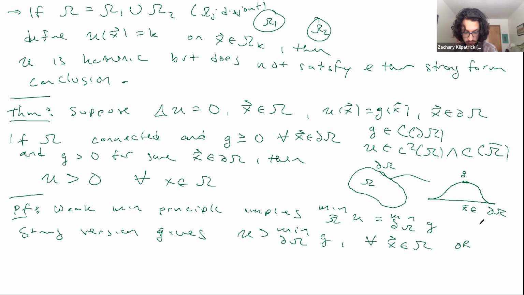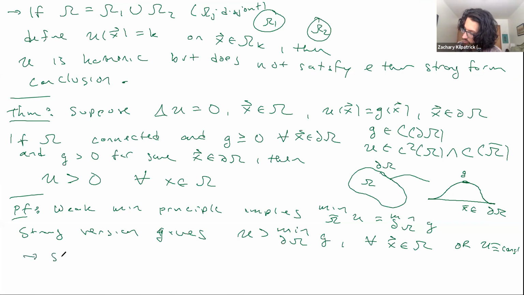Otherwise, U is constant. But we know that U can't be constant because we have continuity, and we also have values on the boundary that are non-zero, okay?